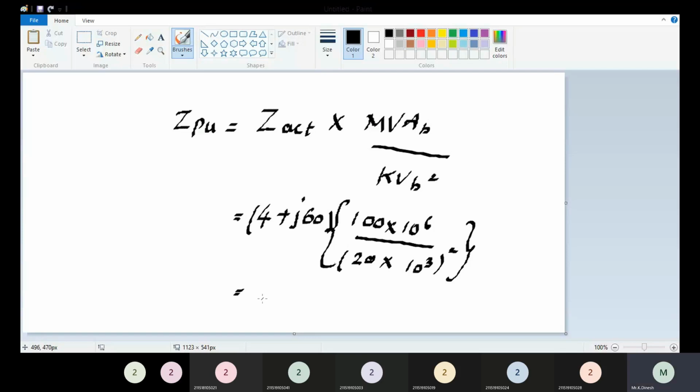If you solve in your scientific calculator, you get 1 plus j15 per unit. So this is the first quantity.